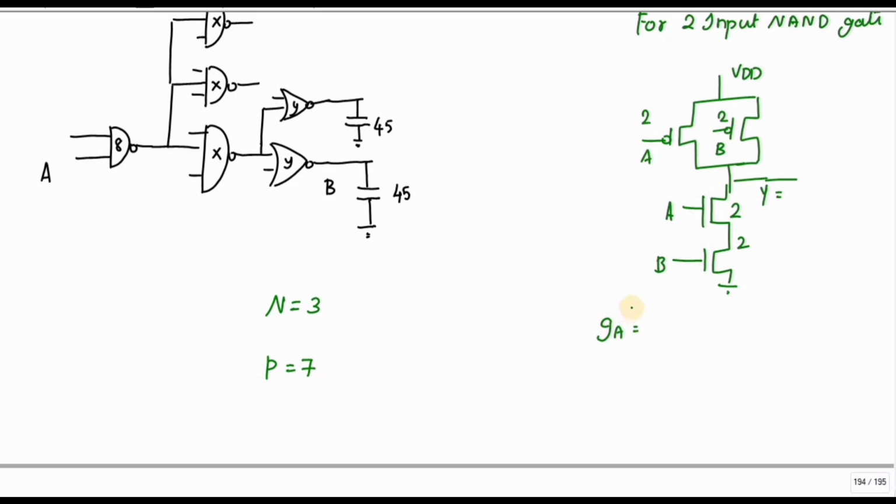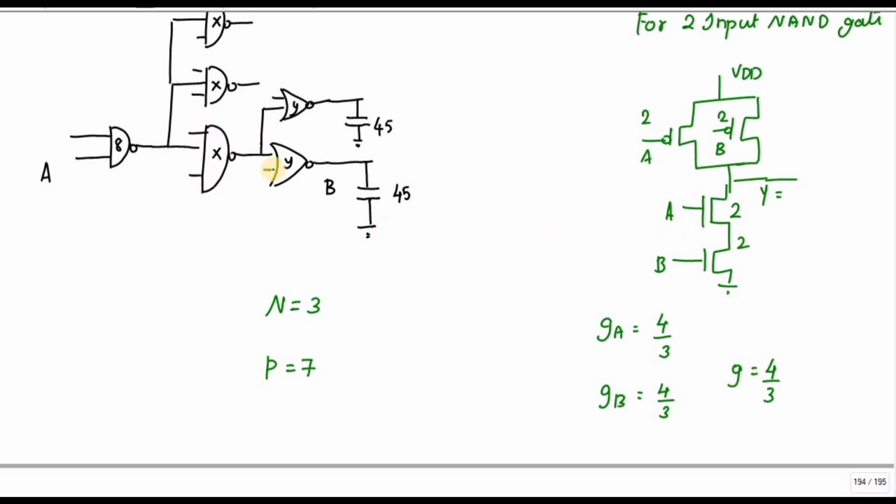The input of A is 4, so it is 4 divided by 3, Cin of A divided by Cin of the inverter. Next, GB is also 4 by 3, so if you take the average, I will get 4 by 3.